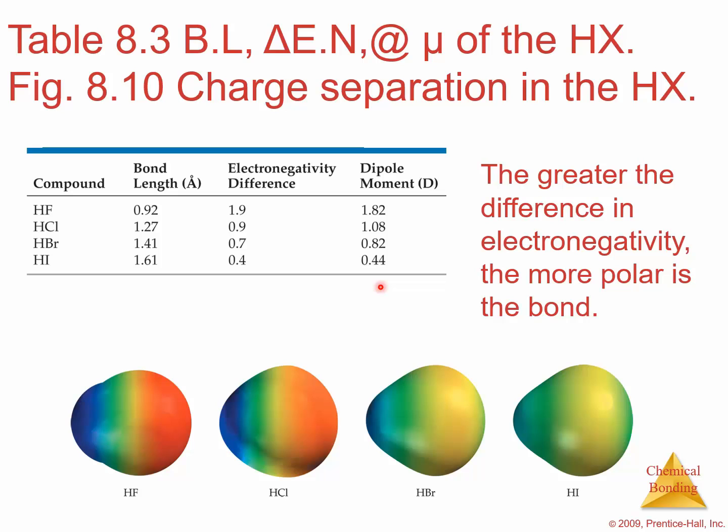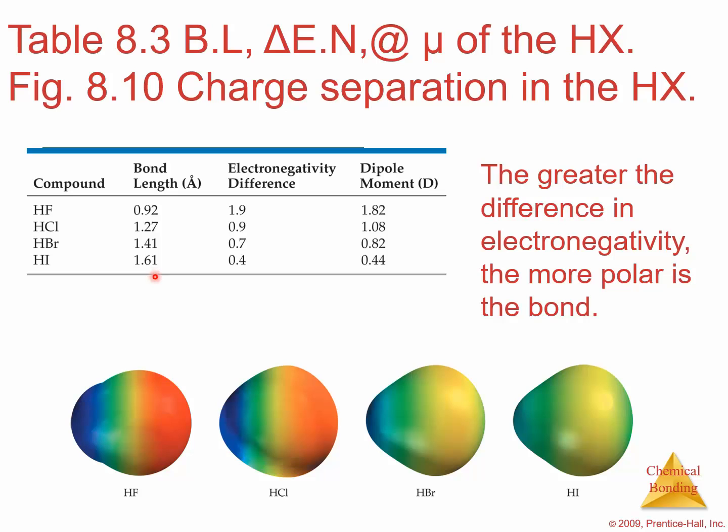Now, notice that as we proceed from HF to HI, the electronegativity difference decreases and the bond length increases. Now, the first effect decreases the amount of charge separated and causes the dipole moment to decrease from HF to HI, even though the bond length is increasing.